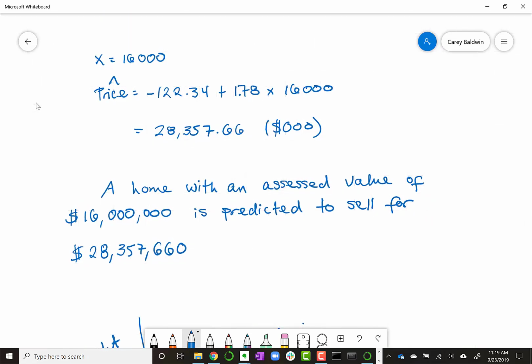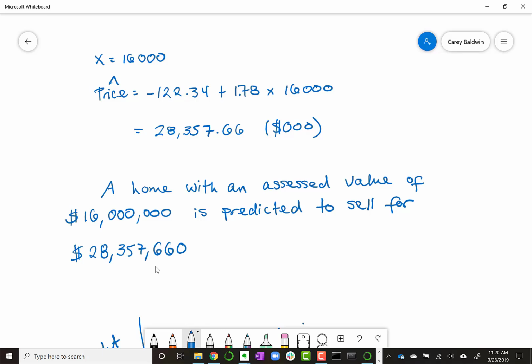I plugged in that 16,000, which is 16 million, and I got 28,357.66. So I'm understanding that that's 28 million approximately. So a home with an assessed value of 16 million is predicted to sell for more than $28 million.